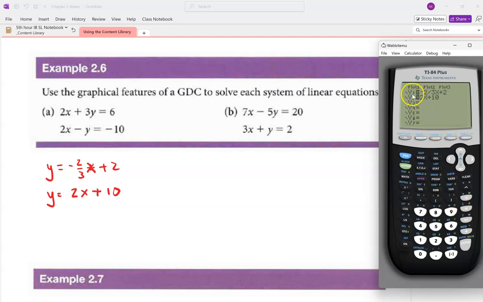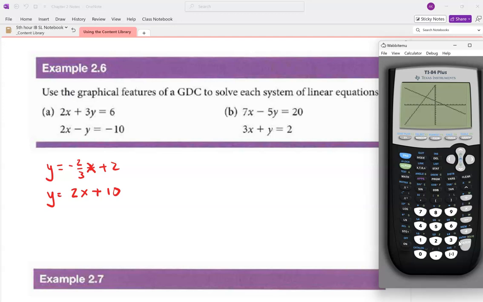Notice that the y = is already supplied for me on the calculator. And then to graph this, I'm going to press zoom standard. That's just going to take me back to the regular -10 to 10 window that typically when people design textbooks, they get the answers to go on a window like that.